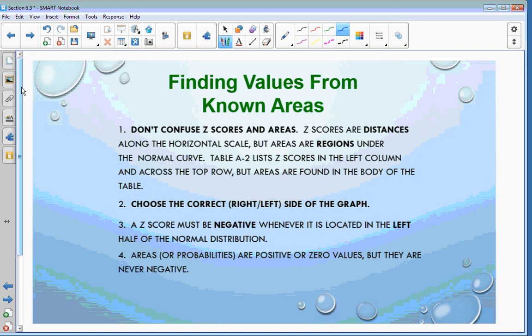We have to remember what we are looking at, the right side or the left side of the graph. Z has to be negative on that left-hand side, and on the right-hand side must be positive. Areas or probabilities are always positive. Remember, probabilities are between 0 and 1.